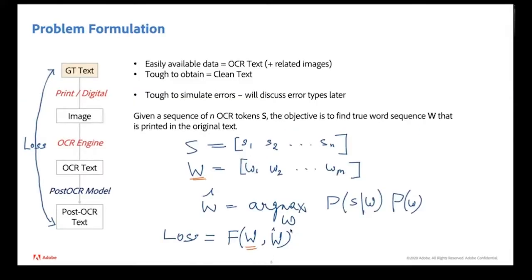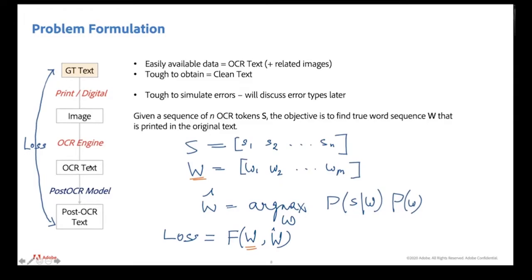So the problem formulation is as follows. Somebody has written clean text, and they then print it or convert it digitally to an image or scan. Now this image is passed through an OCR engine, and you finally get the OCR text, which we have seen has lots of errors.